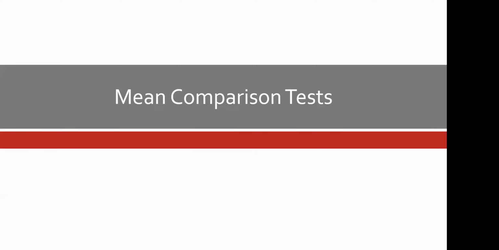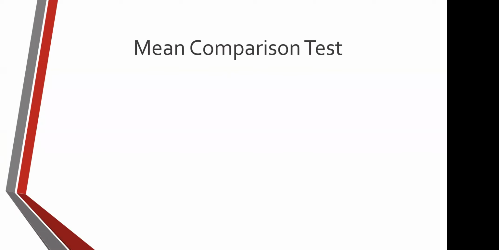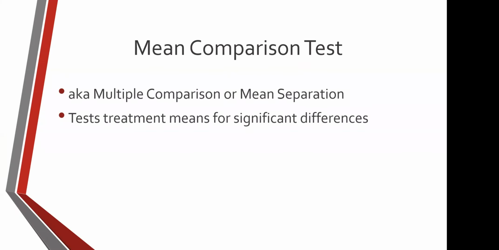So the next step in the analysis is to run a mean comparison test. Also known as multiple comparison test or mean separation test, these compare treatment means to determine what differences are significant.